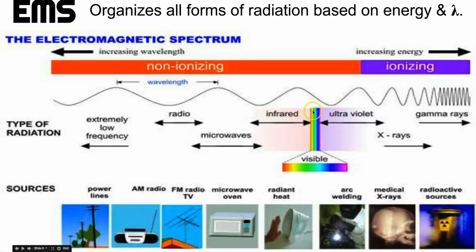Then we move to the visible part of the spectrum, which is the only part of the spectrum that can be seen by the human eye. Our eyes are only sensitive to this very small frequency range within the visible light part of the spectrum. Beyond visible light, we move into forms of radiation which become ionizing.